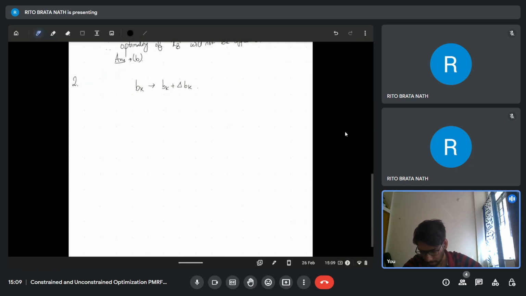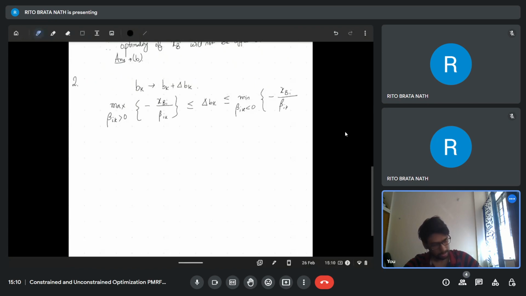Now the current optimal solution needs to satisfy the feasibility criteria, and I think this has already been discussed in the class, so I'm not going into the proof of it. So max of beta ik greater than 0 of minus xbi divided by beta ik has to be less than or equal to delta bk, less than or equal to min of beta ik less than 0 of minus xbi divided by beta ik, right? So your answer would be A.